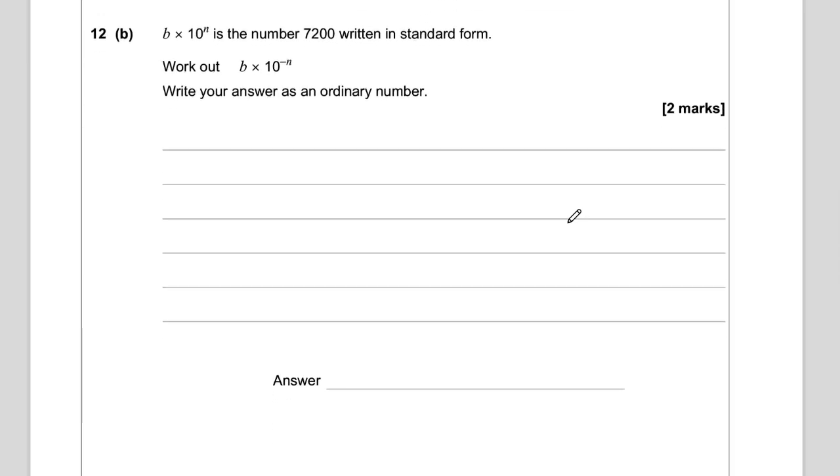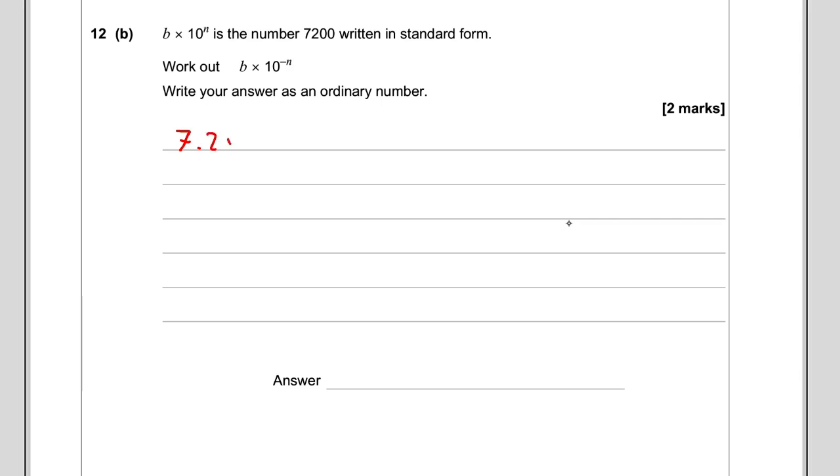Part B. B times 10 to the n is the number 7,200 written in standard form. Work out B times 10 to the minus n. Write your answer as an ordinary number. First of all, I'm going to write this number as 7.2 times 10 to the power 3.